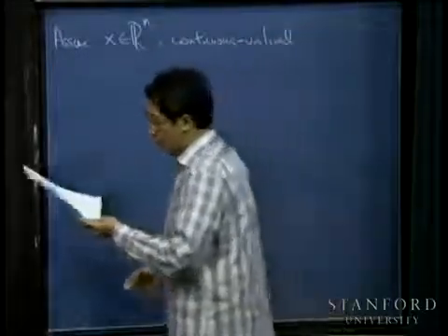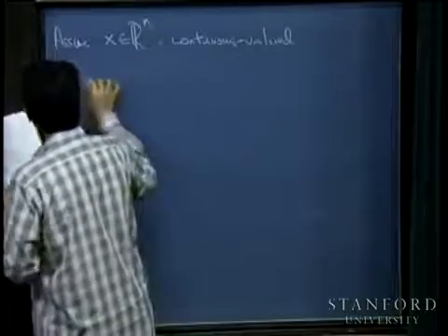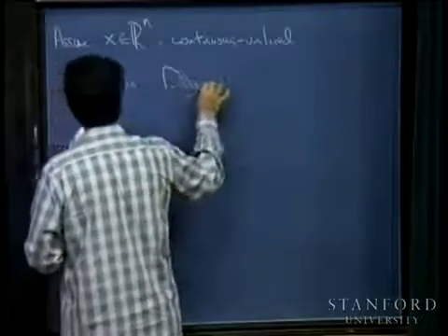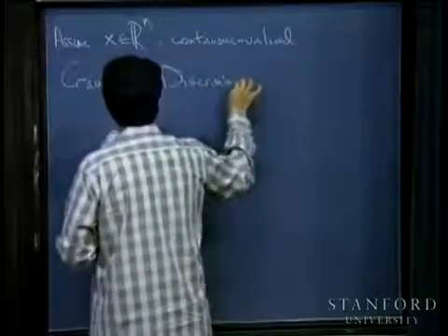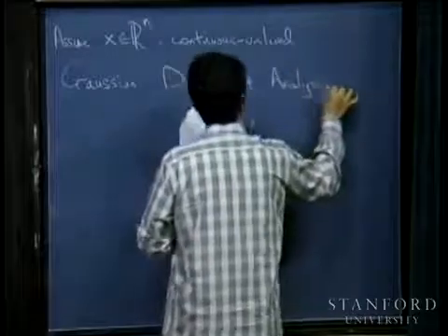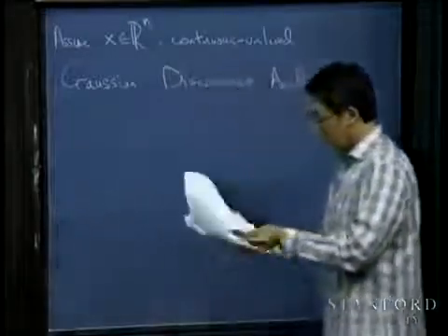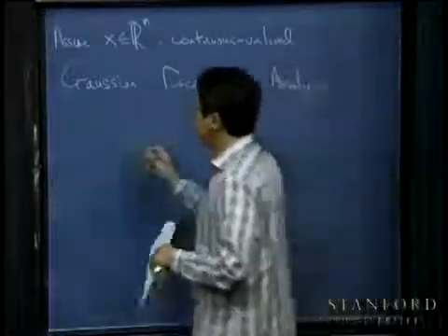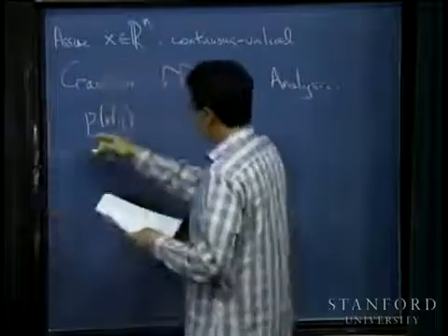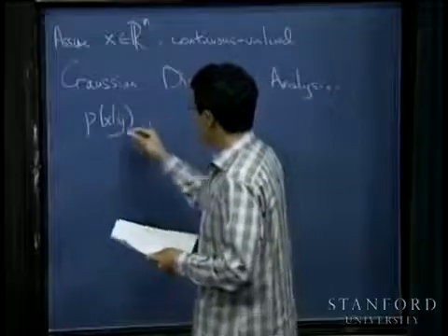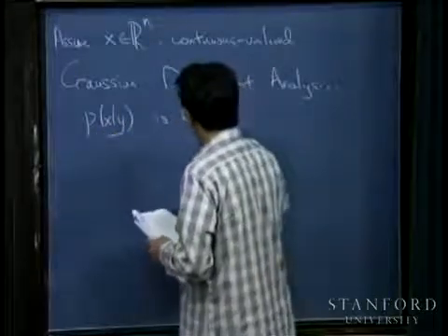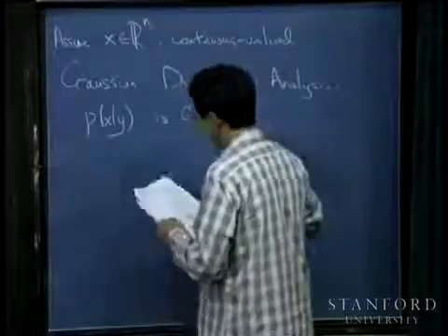And under this assumption, let me describe a specific algorithm called Gaussian discriminant analysis. I guess the core assumption is that in the Gaussian discriminant analysis model, P of x given y is Gaussian.